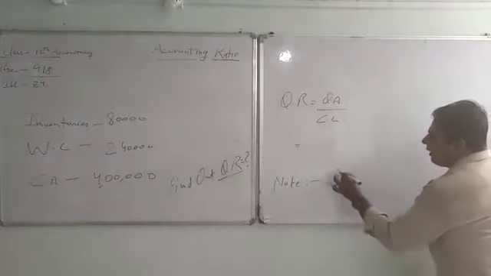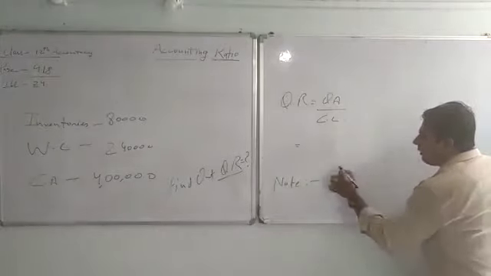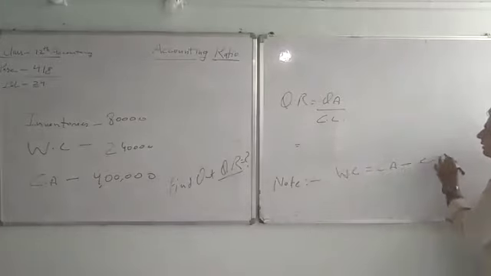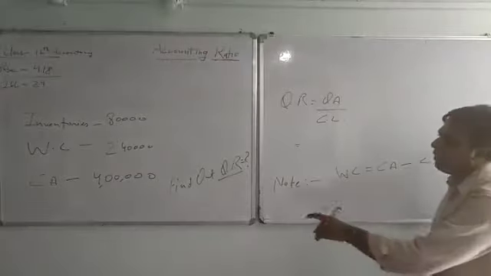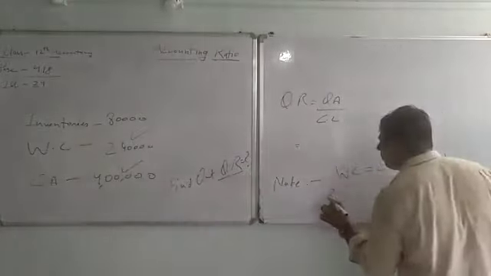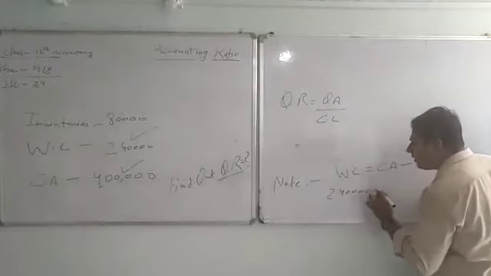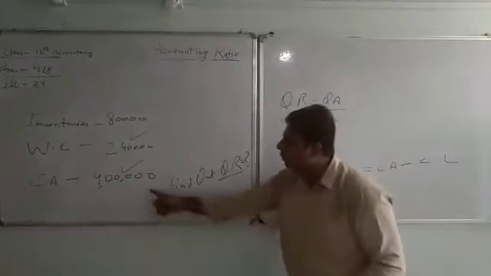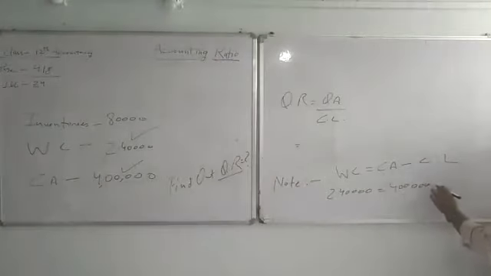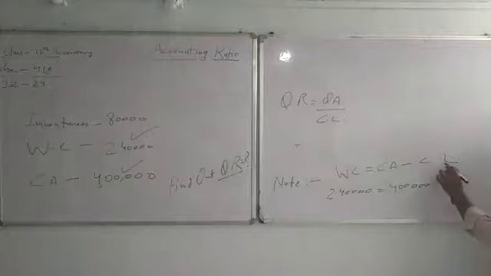We know we have working capital. We know the formula, working capital is equal to current asset minus current liability. Here we have both the things, working capital and current assets. So I am writing 2,40,000 is equal to 4 lakh minus current liability, which we have to find out.